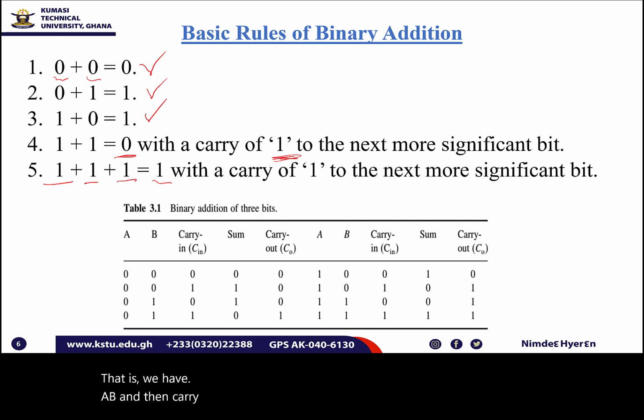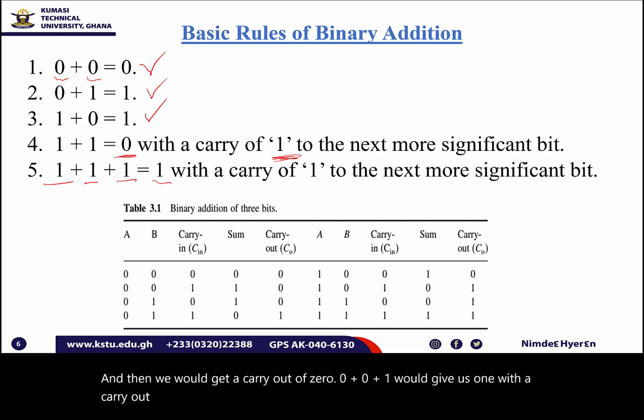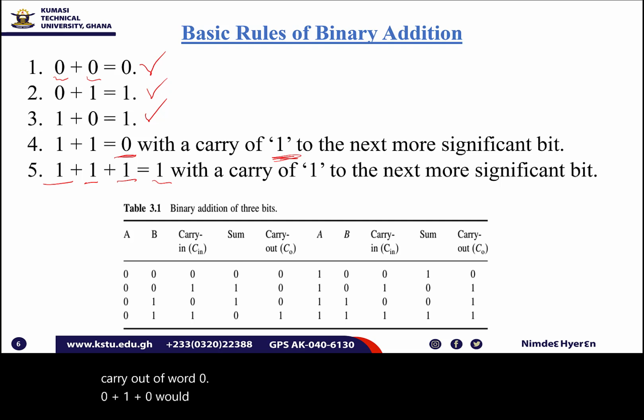So 0 plus 0 plus 0 would give us 0 as the sum, and then we would get a carry out of 0. 0 plus 0 plus 1 would give us 1 with a carry out of 0. 0 plus 1 plus 0 would also give us a sum of 1 with a carry of 0.